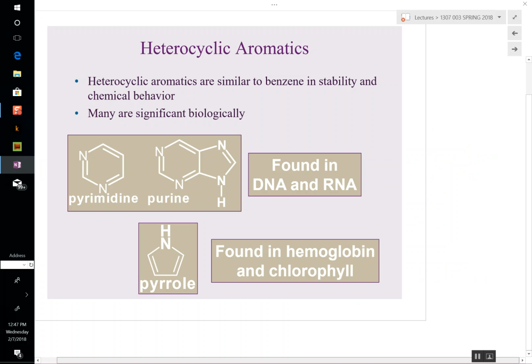I won't mention a lot here. We'll get into this in chapter 20 when we talk about DNA and RNA. Heterocyclic aromatics. Benzene is not heterocyclic. All the atoms in the ring are carbons. But here are some ring structures with 4 carbons, 2 nitrogens. That's a pyrimidine. Here's 2 rings that are fused together.